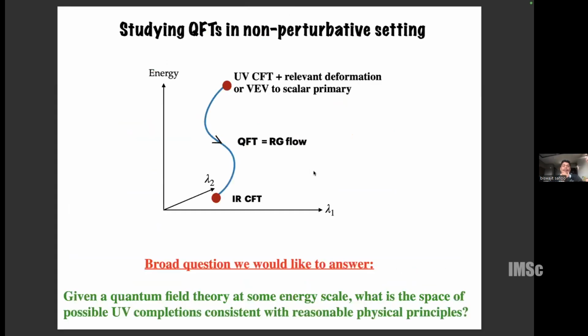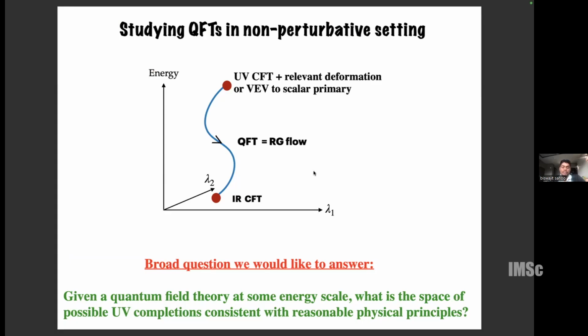And there, I will study QFT in a non-perturbative setting, considering this quantum field theory at any arbitrary point on the renormalization group flow trajectories flowing between two fixed points: at very high energy, some ultraviolet fixed point described by some UV conformal field theory, and in the low energy it is described by another fixed point described by infrared conformal field theories. And I will treat quantum field theory at some arbitrary energy scale, some point on the renormalization group flow trajectory.